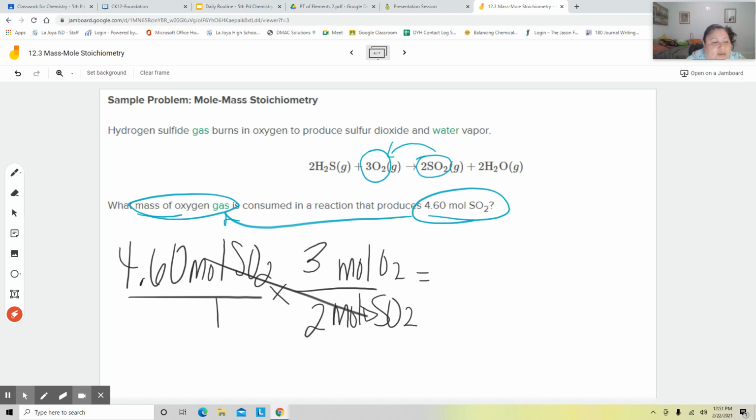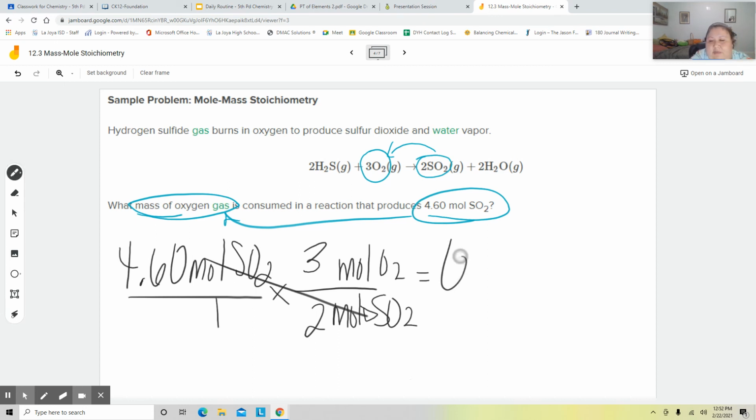If you multiply 4.6 times 3 and divide it by 2, what do you get? 6.9. That's what I got.